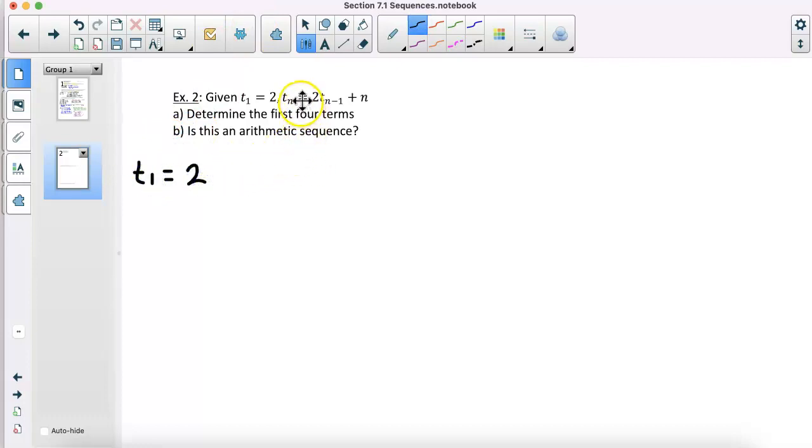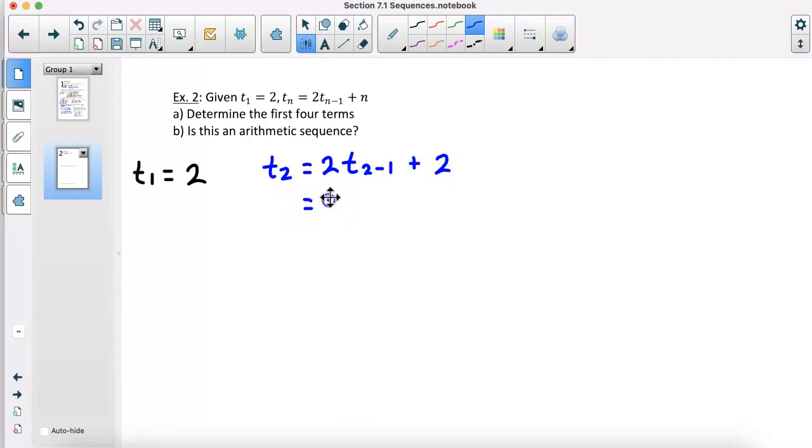Okay, so t2 is what we want to find next. I'll use a different color. Everywhere that we have n, we're going to replace with that value of 2. So t2 is equal to 2t(2 minus 1) plus 2.